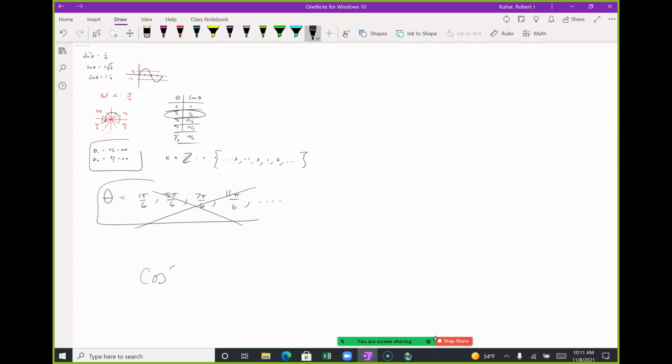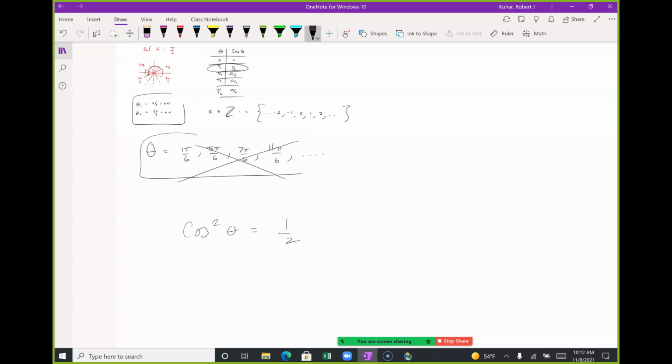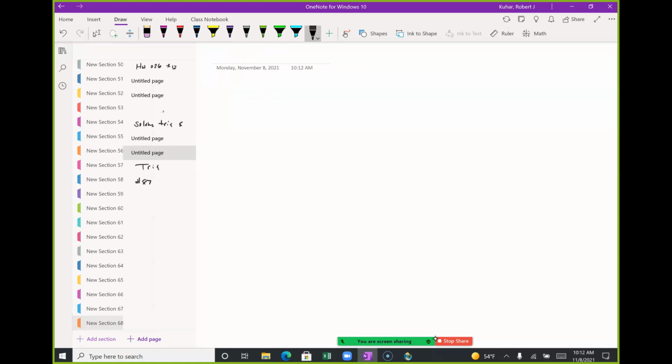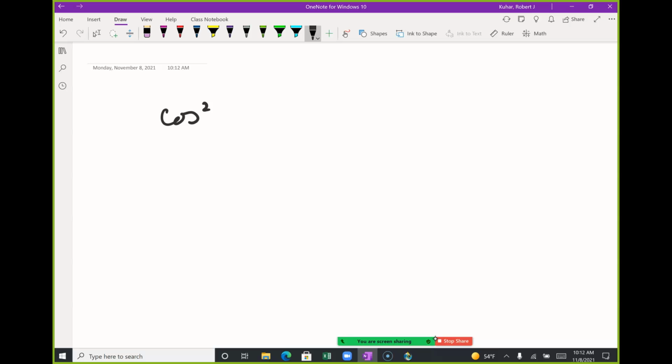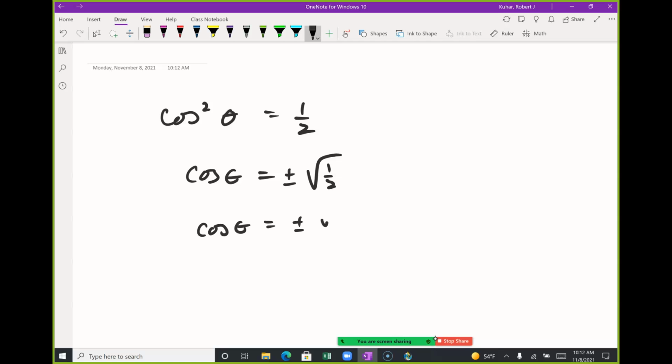So cos squared theta equals 1/2. I want to solve for cos first of all. So cos of theta is plus or minus the square root of 1/2, which, if I rationalize, is rad 2 over 2.